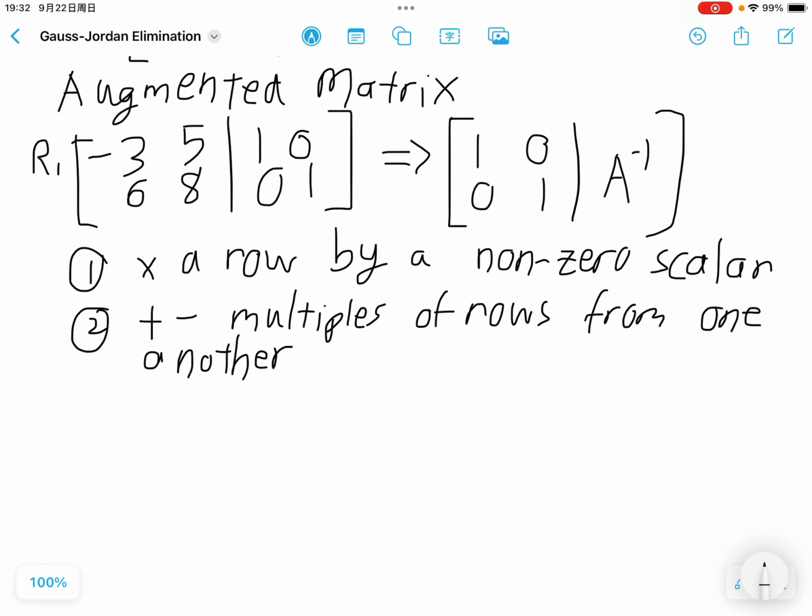So this is row 1. We'll represent it with R1 and R2. That's row 2. So our first step of working out would be we want to replace row 2 with 5 over 8 row 2. Let me explain this.